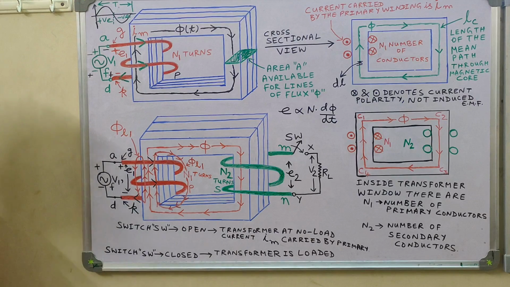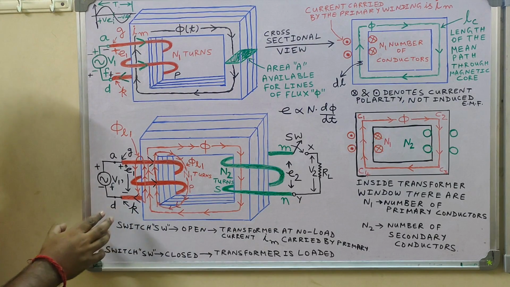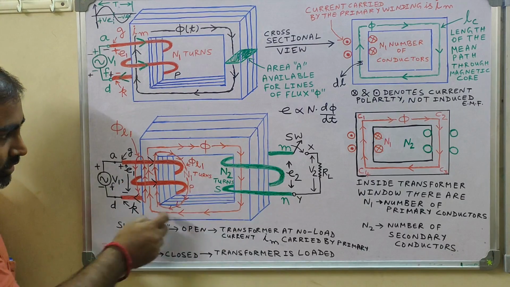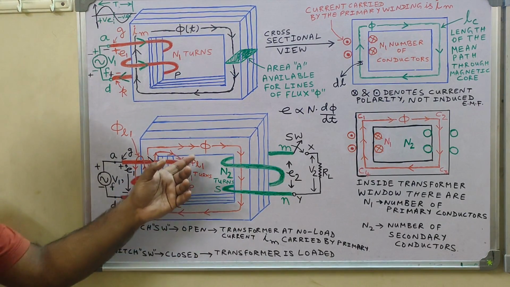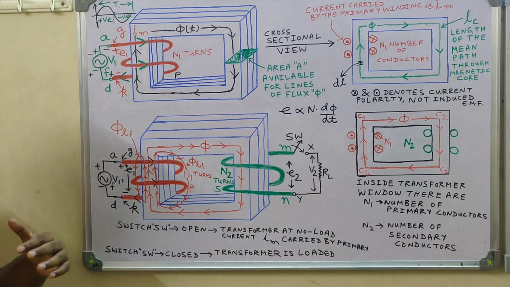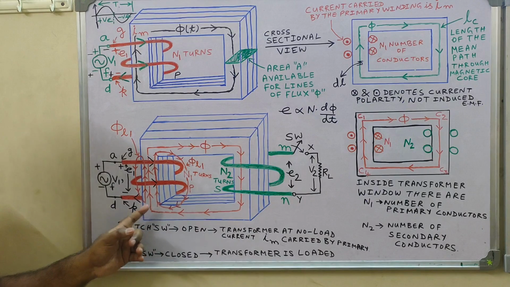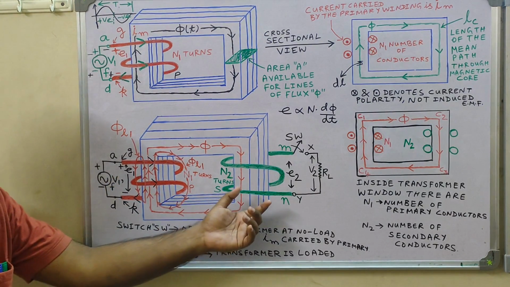So from the point of view of transferring electrical energy from primary circuit to secondary circuit, it is the mutual flux passing through the magnetic core of the transformer which is helpful. In other words, the mutual flux phi which is established through the magnetic core of the transformer is helping in transferring electrical energy from primary circuit to secondary circuit.